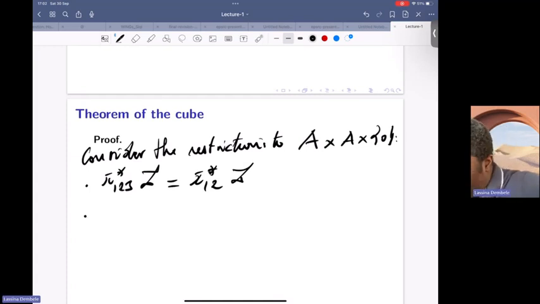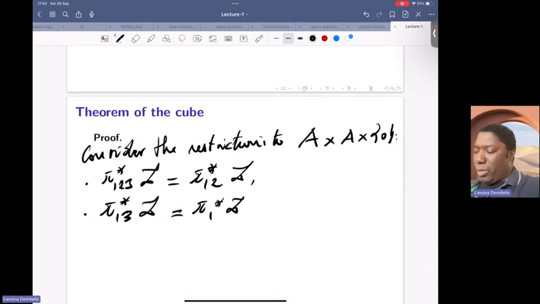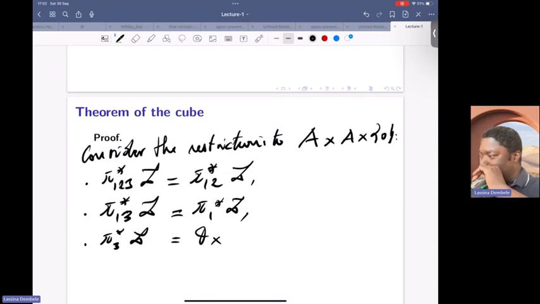And then if you take the pullback of your line bundle by the sum of the first and the third projection, it would be the same as taking the pullback of your line bundle by the first projection. And then finally, if you take the pullback of your line bundle under the third projection, you would get the trivial line bundle. Right?